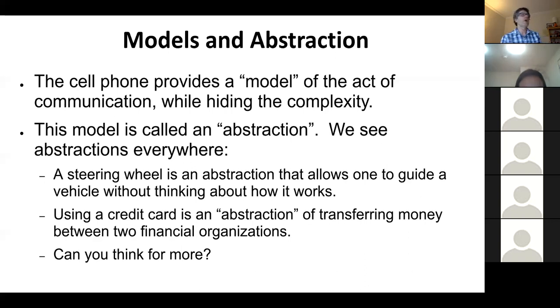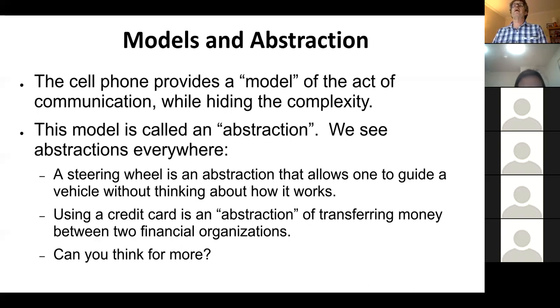And in fact, when you're driving, you don't think about rack and pinion. You don't think about power steering boost. You think about, I want the car to go to the right, and so I'm going to move the steering wheel to the right. And so the steering wheel becomes an abstraction for direction. And a credit card is an abstraction for money, right?